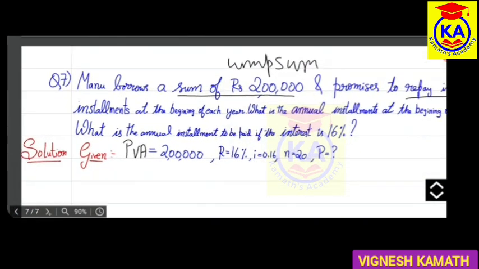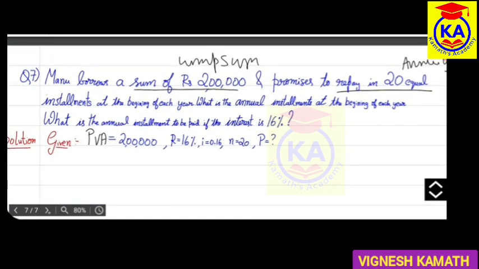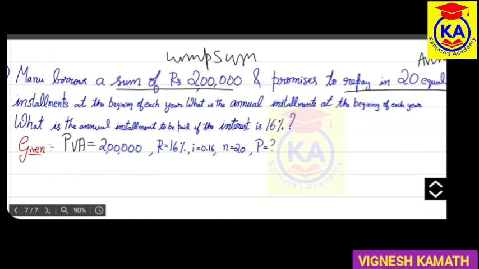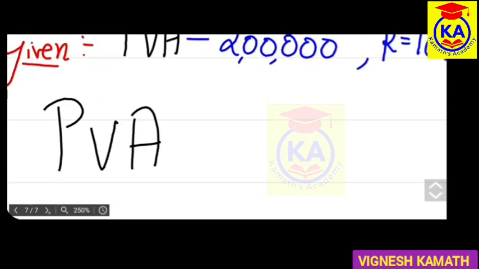So this question belongs to present value of annuity. Now we have to identify whether it belongs to regular or due. At the beginning of each year means this question belongs to due. So we have to find present value of annuity due.